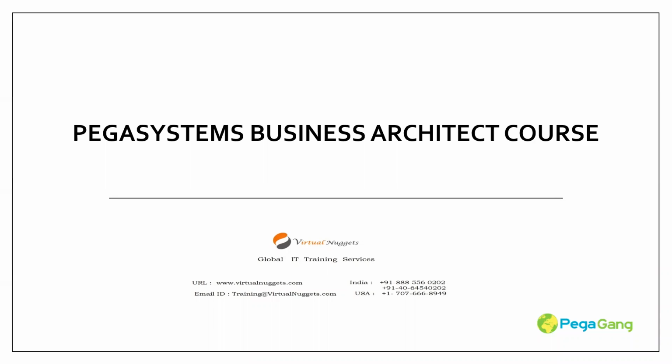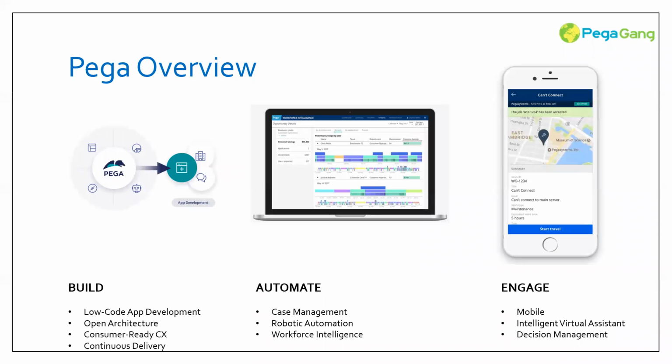We are also going to discuss the exact role of a business architect in a Pega project over the long term, and what roles and responsibilities he is going to perform. Okay, so let's move on.